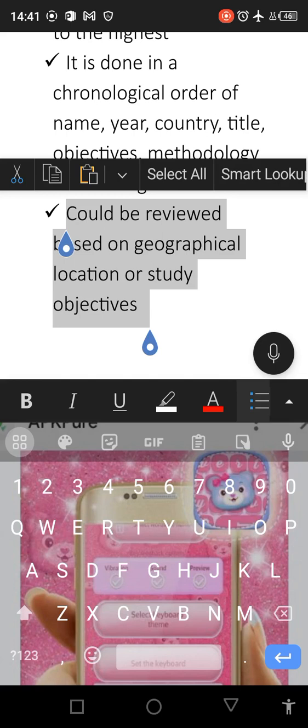And I would say, this particular one, that is review literature based on your study objective, the emphasis is more laid on when you are writing a research article, or probably you are writing your master's thesis and your PhD dissertation. But for undergraduate levels, please just restrict yourself to geographical location.